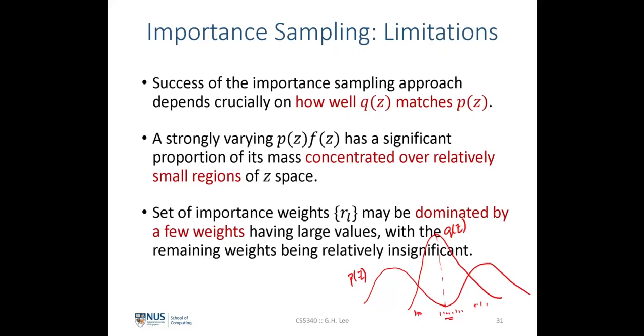As a result, once there is a significant mismatch between the proposal distribution and the target distribution, the samples drawn from the proposal distribution will not be a very good representation of our target distribution.